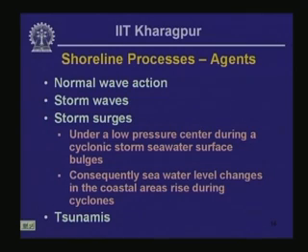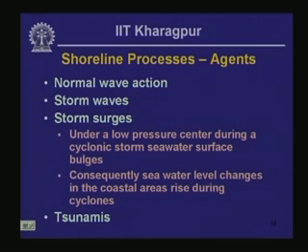Other shoreline processes and agents include normal wave action, storm waves and storm surges. As I have said already, storm surges are typically caused by a low pressure center during a big cyclonic storm event.